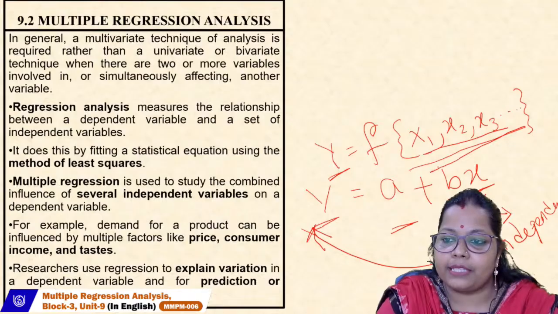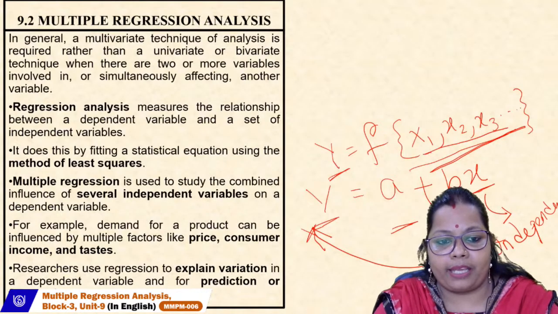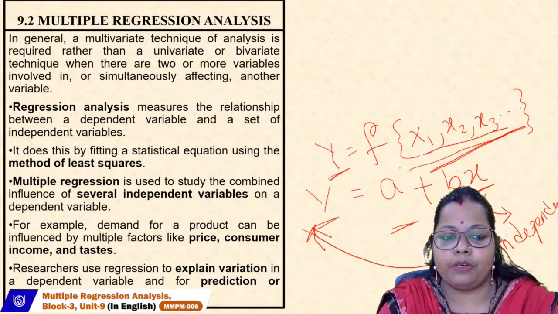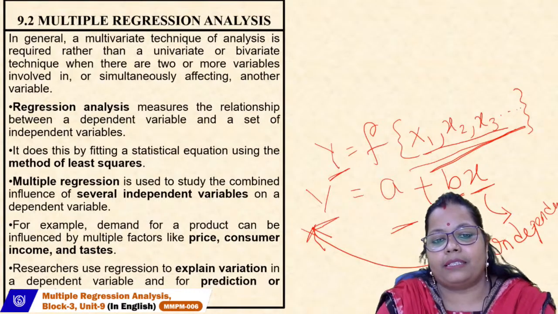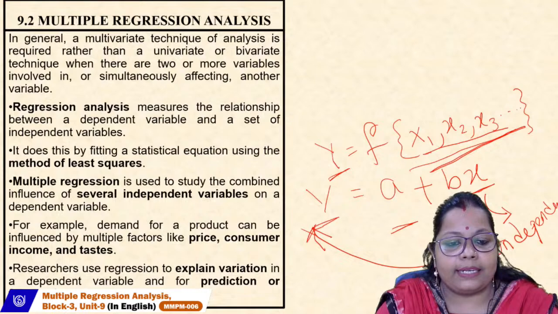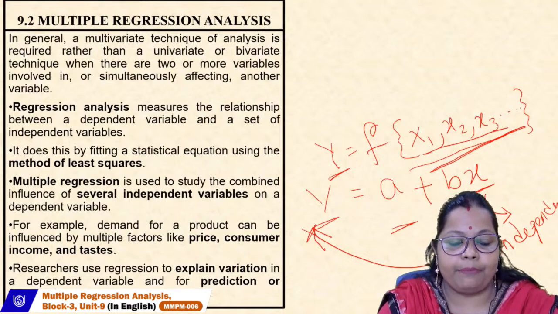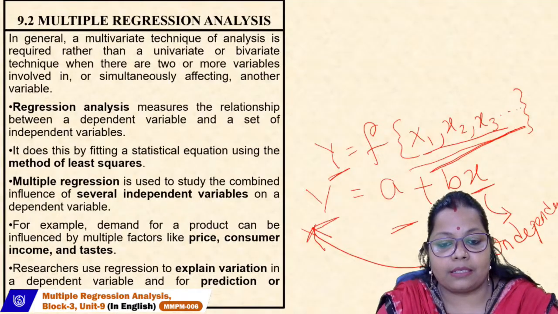So if there are n number of variables and they are impacting the variable y, which is a purely dependent variable, it is called the combined impact which is affecting the variable y. The example I have cited here: the demand for a product can be influenced by multiple factors like price, consumer income, and tastes.